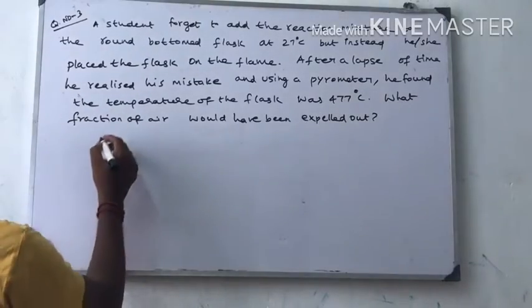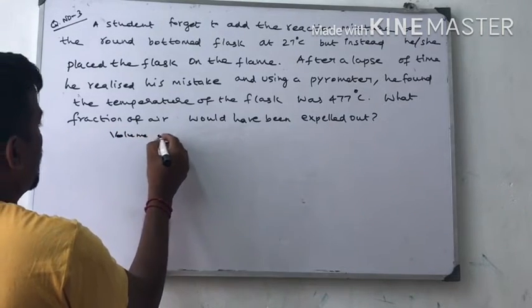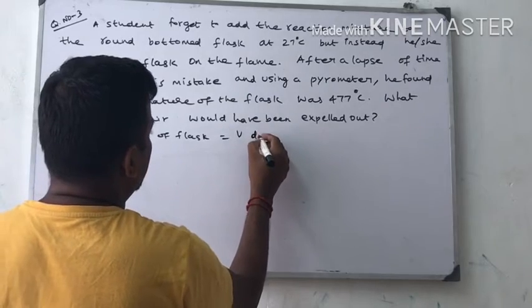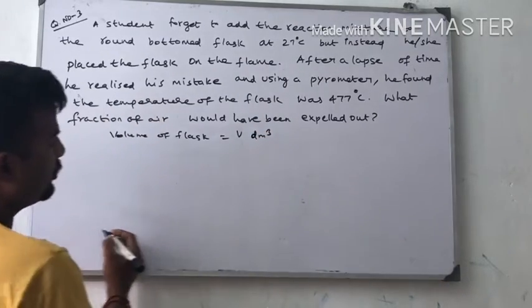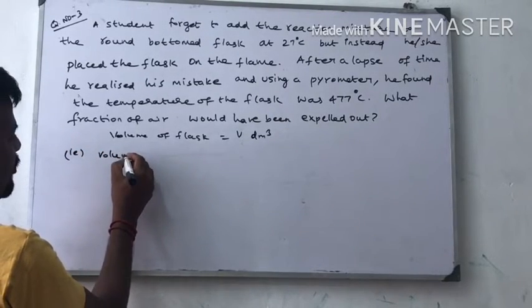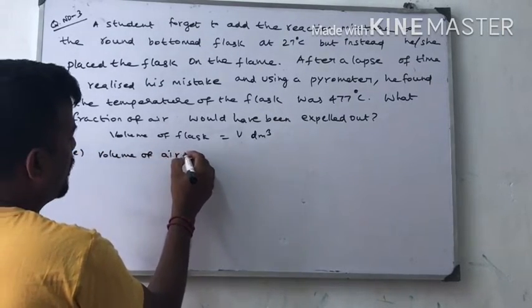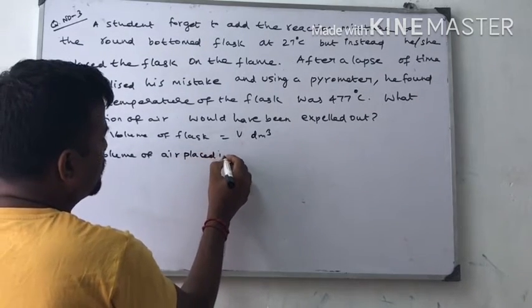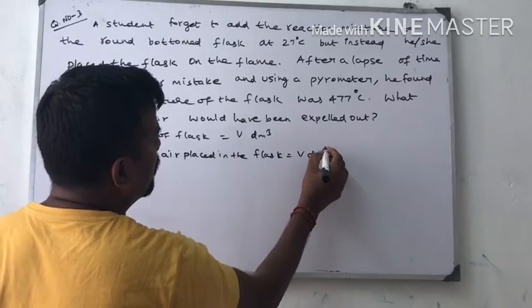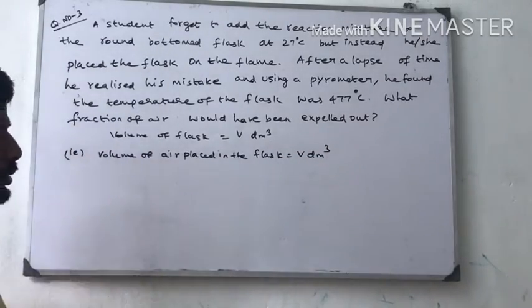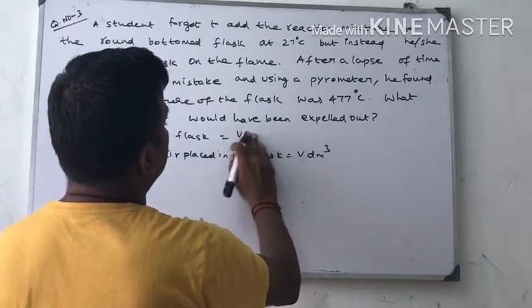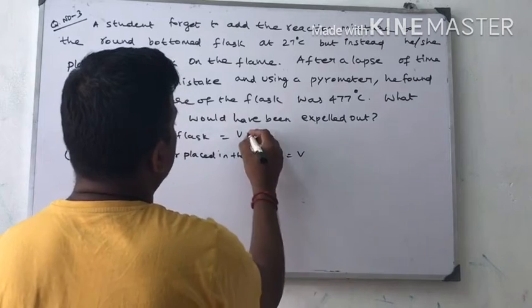So the volume of the flask is V centimeter cube, that is, the volume of air placed in the vessel or flask is V centimeter cube.